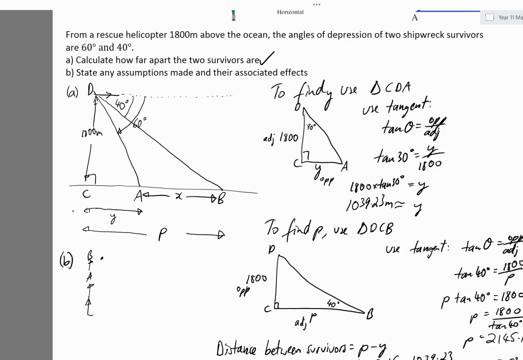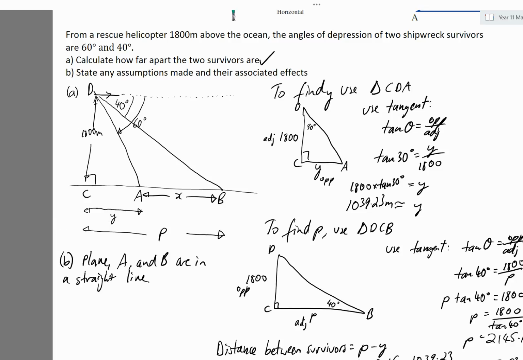Okay, that is the distance we have. If B is anywhere but in a straight line, it'll be a longer distance between A and B. Okay, so one assumption is that the plane, A and B are in a straight line.